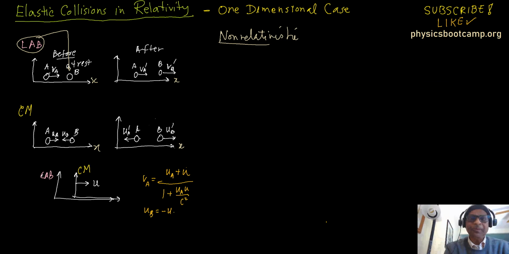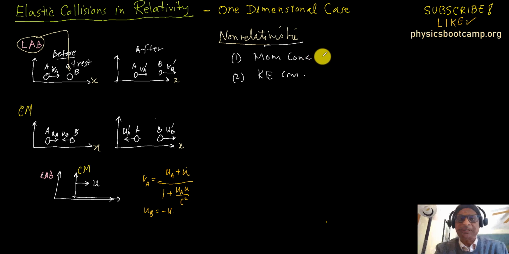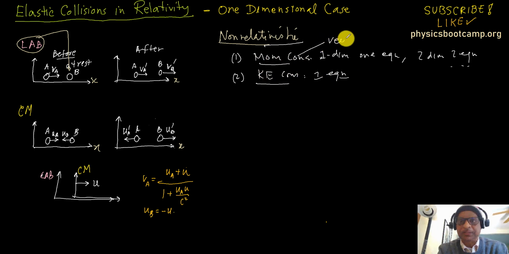Okay. In a non-relativistic situation, we will have two conditions. One is momentum conservation, and the other is kinetic energy conservation. Momentum conservation in one dimension gives one equation, in two dimensions two equations, etc. Energy conservation will always be only one equation, because energy is a scalar and momentum is a vector.